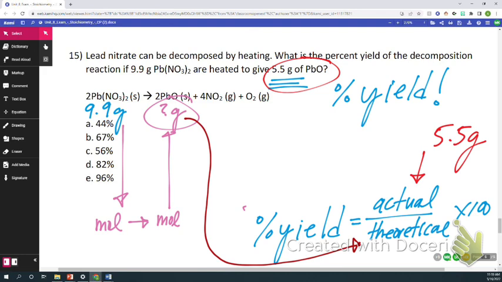This one was a little tricky because this molar mass is a little intense. PbNO3 with the 2 outside. Anyone know what Pb is, molar mass? 207.2? 207.2 plus 2 nitrogens plus 6 oxygens.